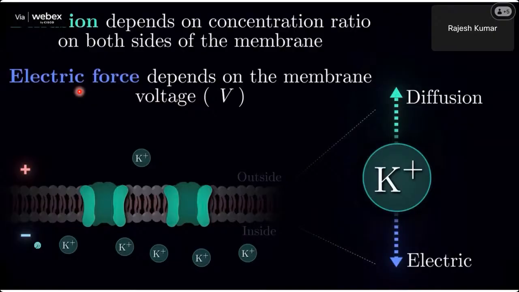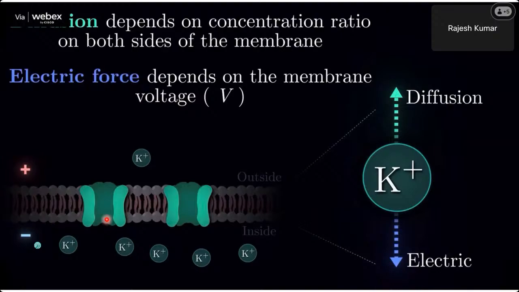These two processes depend upon two different things. Diffusion depends upon the concentration: if the concentration is more on one side and less on the other, then it is forced to go in that direction. The electrical force depends upon the voltage, that is, the membrane voltage.